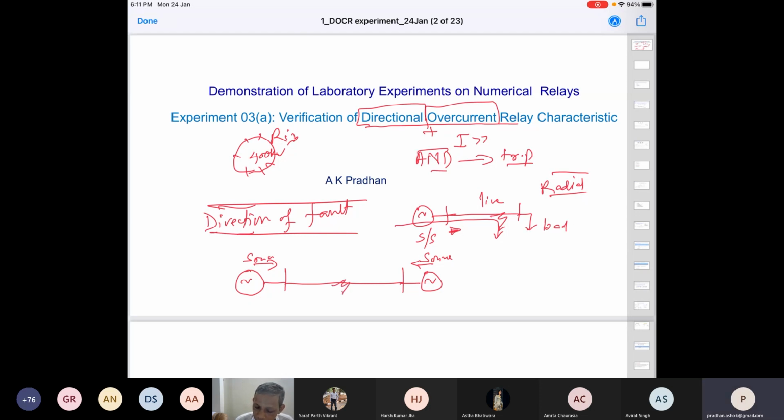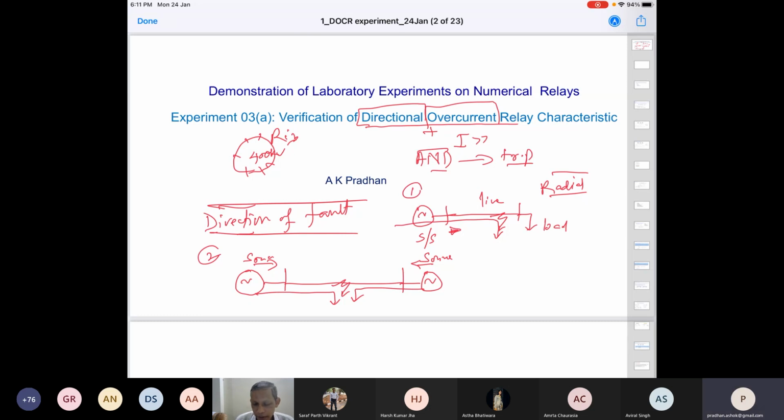When a fault happens in this line, current flows from left to right and also from right to left, because sources are at both ends. That leads to a different situation compared to situation 1. This is case 2.